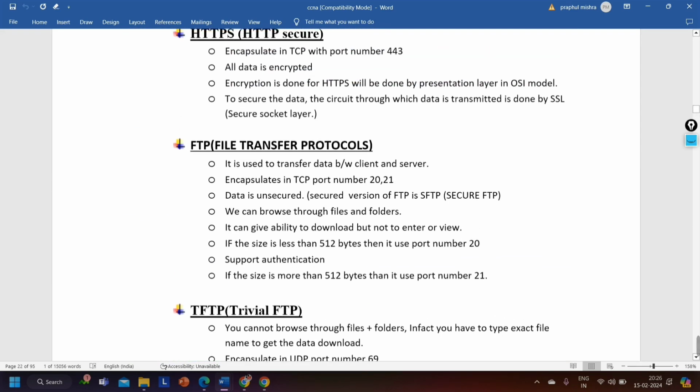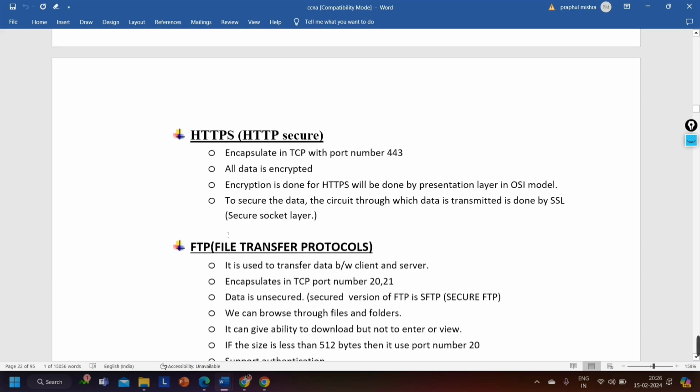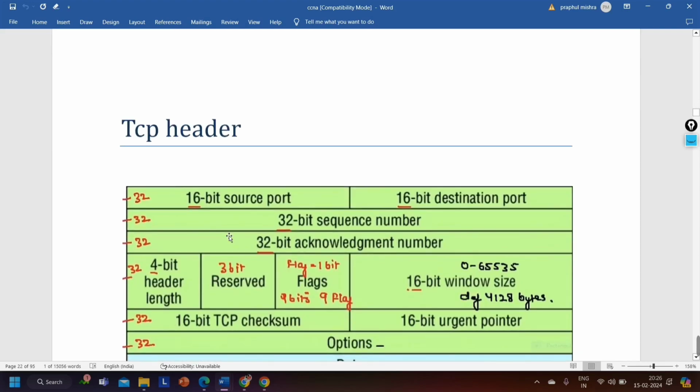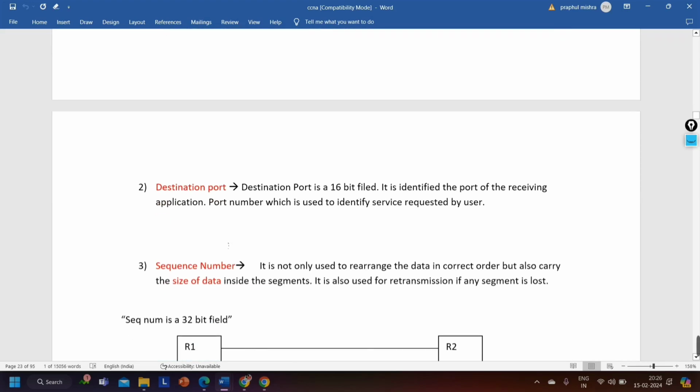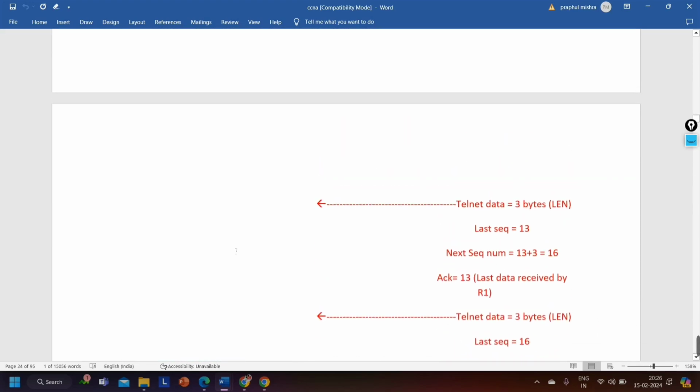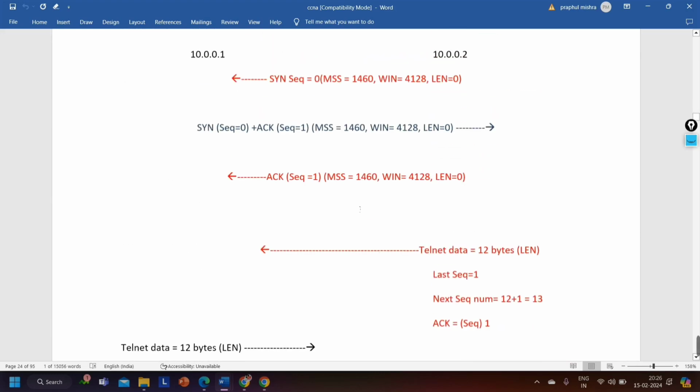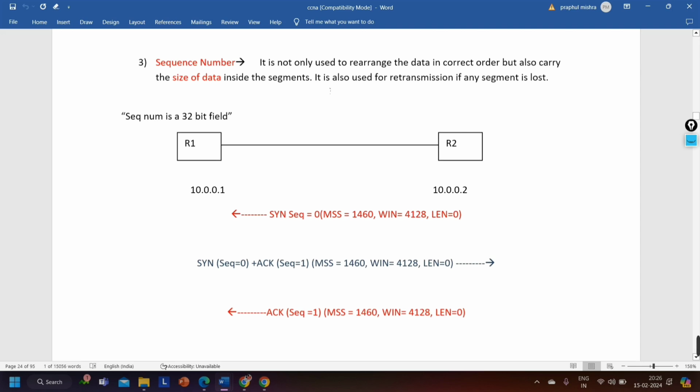Then we have some application layer protocols like FTP, HTTP, TFTP, DHCP, DNS. Then we have headers. Now if you read these notes, maybe it will be complicated for you and you will not get the actual meaning of the words. But after the live class, if you read the book and this note, it will be very easy for you to understand each and every word.